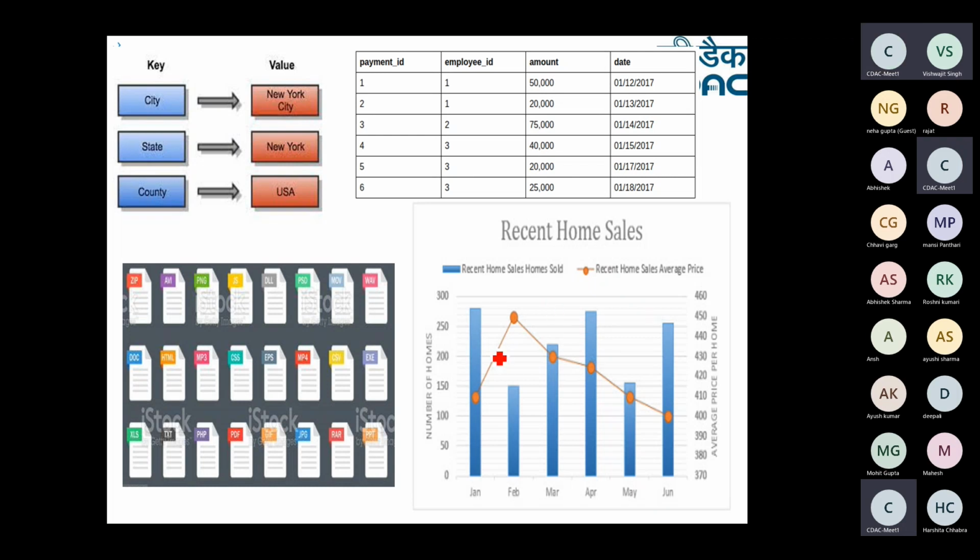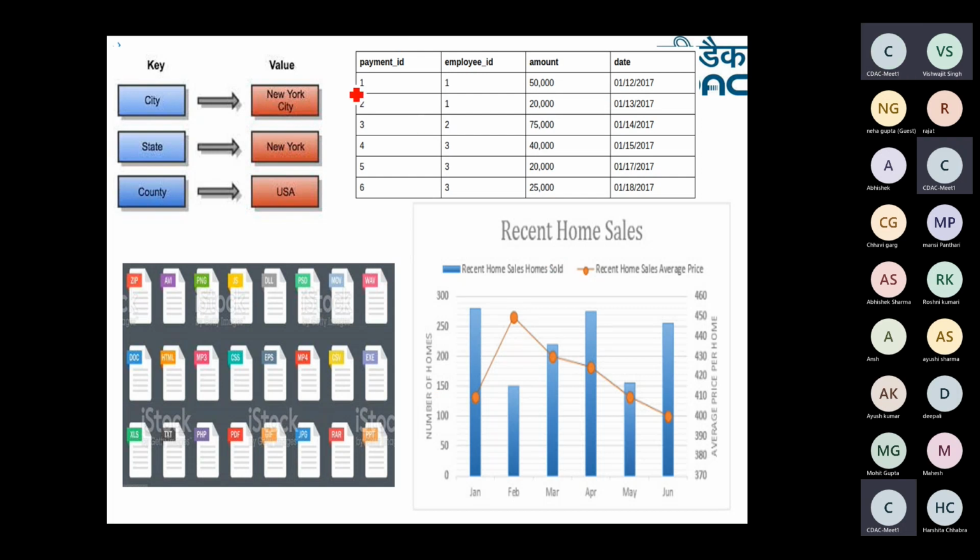A graph can represent statistics or sales, or any target achieved by a company or by an employee. So all four structures show data here, but in different manners.